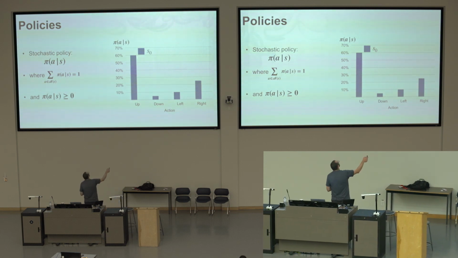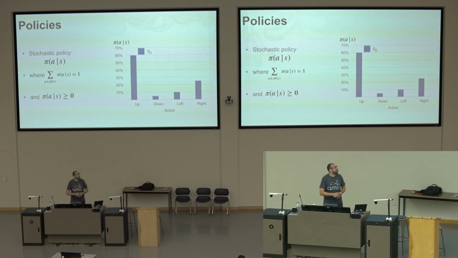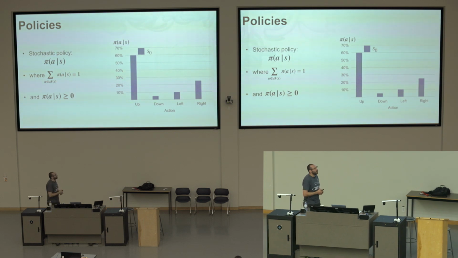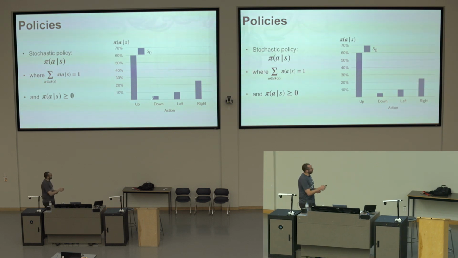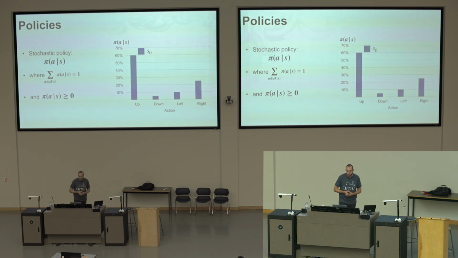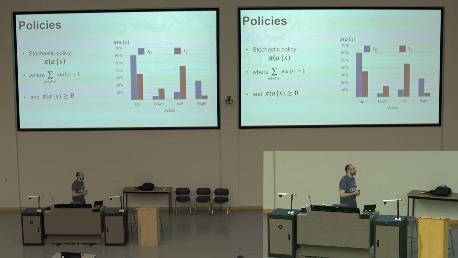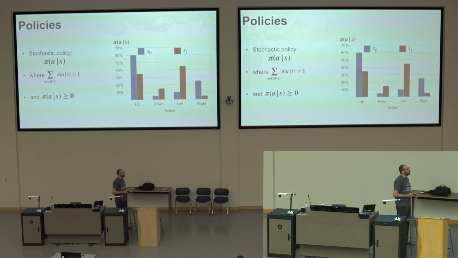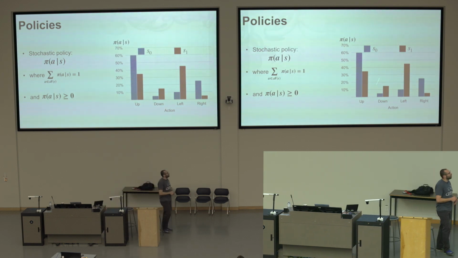This is a little bit weird, but this is the legend right here. It's saying that with high probability I'm going to take the up action, with very small probability I'm going to take the down action, and there's a little bit of probability of taking the right action. Because this is a distribution, it has to sum to 1 over the actions in a state, and none of them can be negative. We can compare the policy in two different states, S0 and S1, and they can disagree.